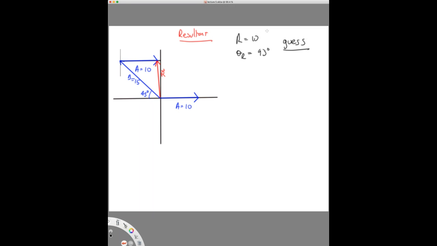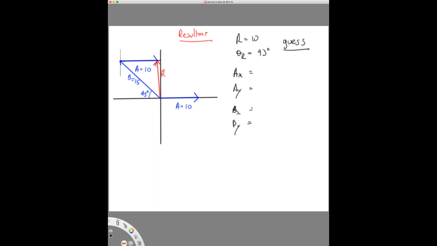Now I want to add them. To add them, I cannot add them in the polar form. I have to find AX and AY and BX and BY. For AX, it's actually really easy if you know how to work with vectors.